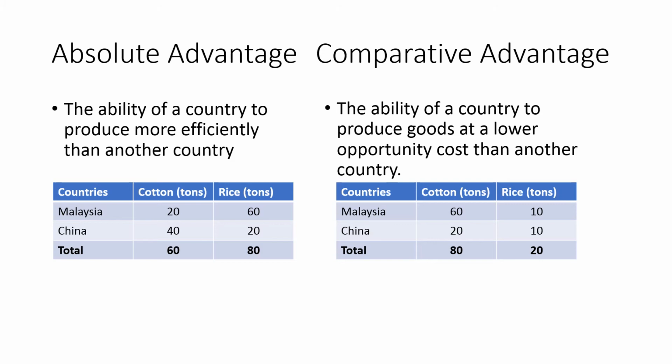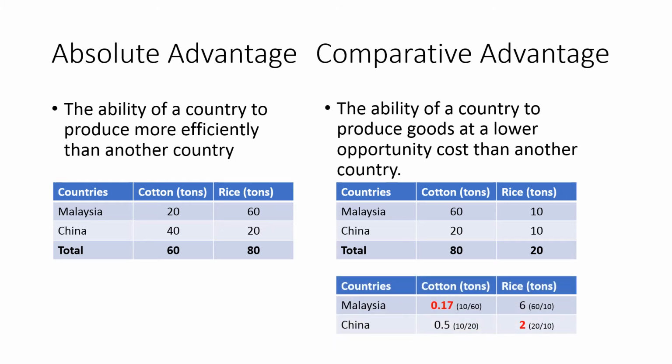To determine which country is to specialize in cotton or rice, the opportunity cost of production must be calculated. The second table of comparative advantage shows how to calculate the opportunity cost for both countries.